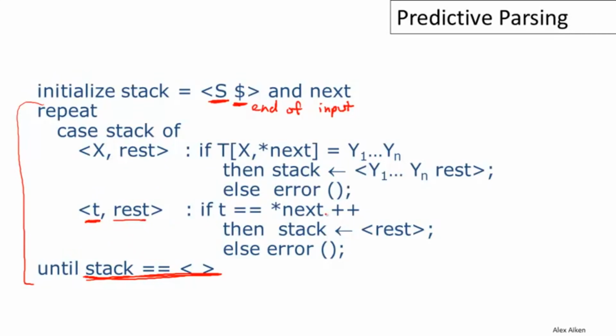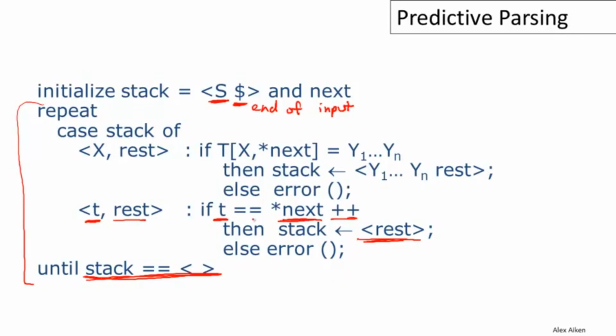Well, we're going to try to match the input. So if the terminal on top of the stack matches the next thing in the input, then we advance the input, and we pop the stack. So we have successfully matched the input against the terminal, and so that terminal is done, and we should progress into the stack and match the next thing that hasn't been handled yet.